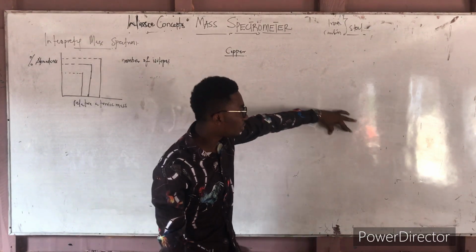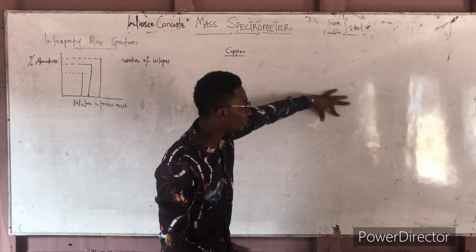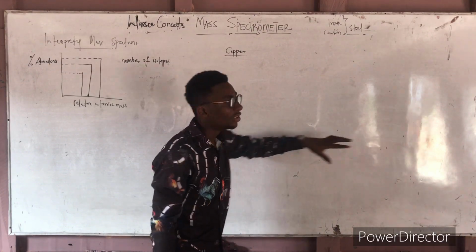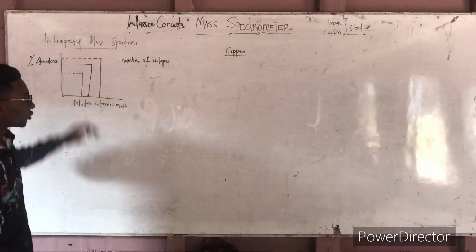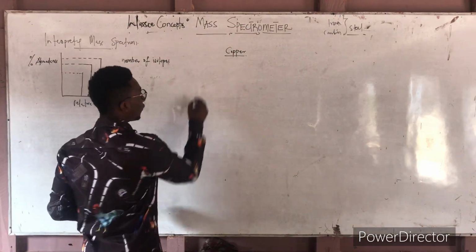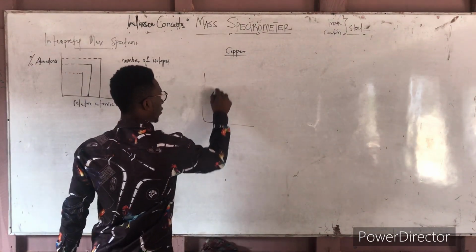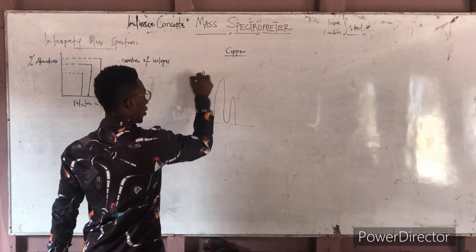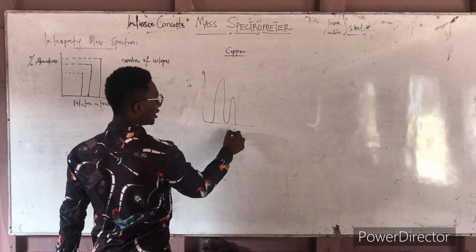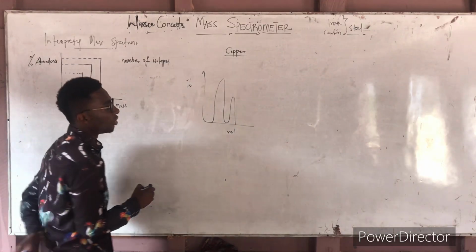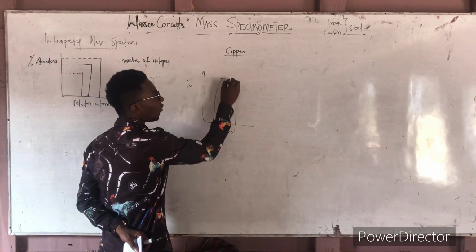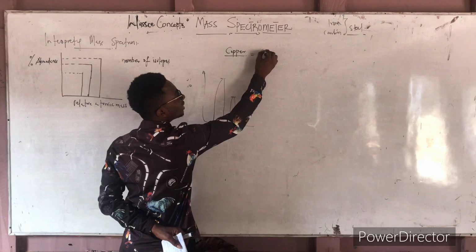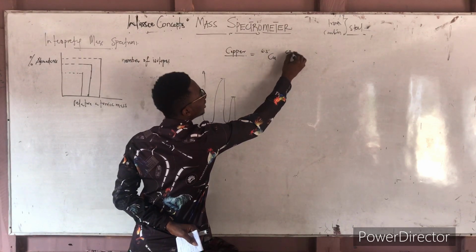The recorder will then give you a graph like this, percentage abundance against relative atomic masses. From the peaks you see, you know that copper has 65 copper and 63 copper.